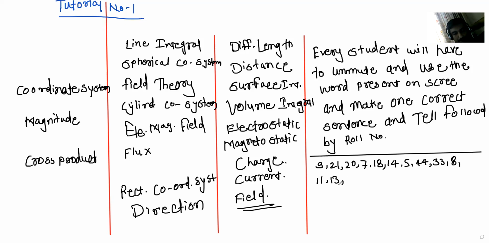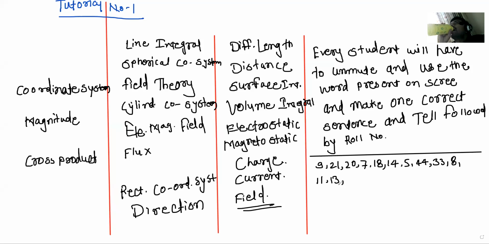Still, I appeal, if you know the meaning, if you know the sentence for any word, you can grab it immediately and tell us the meaning, tell us the sentence. Later on, it is going to be difficult. Yes, roll number 13. You said something which is not relevant.